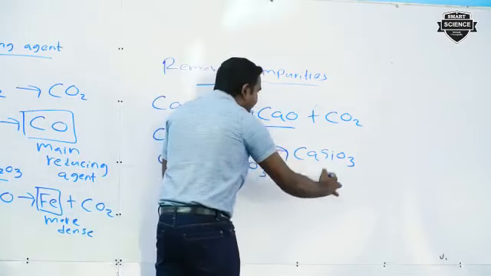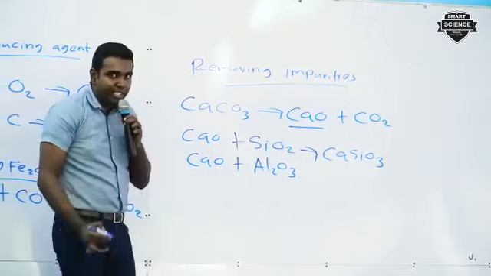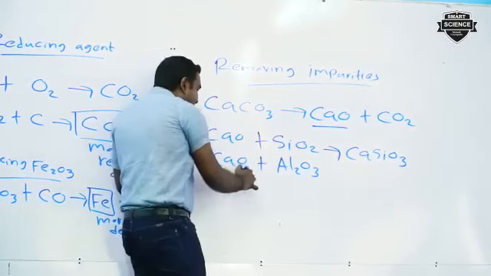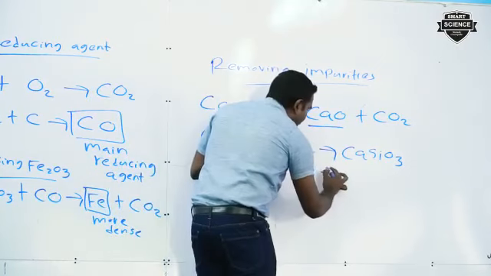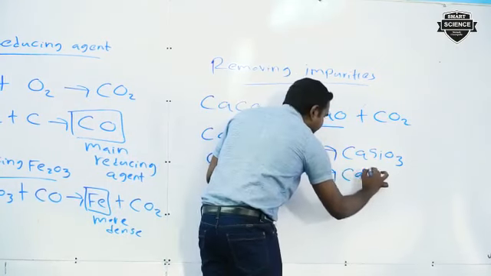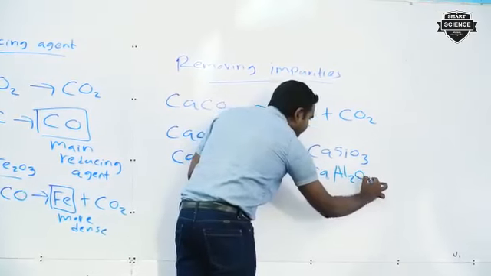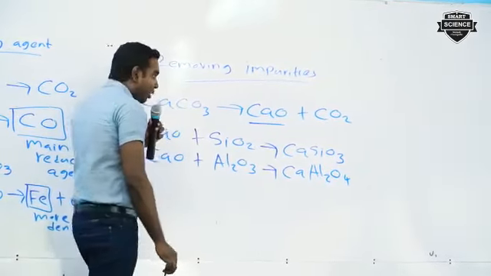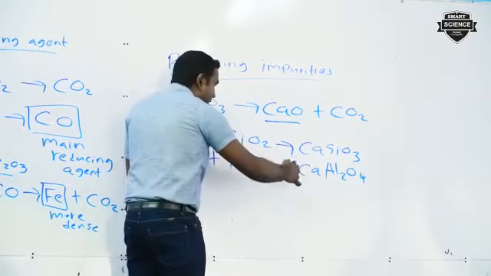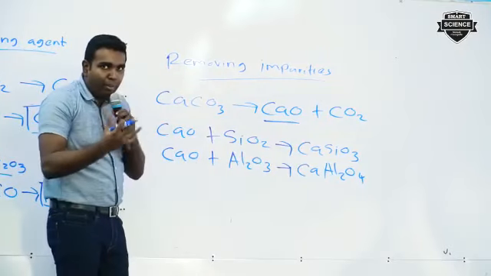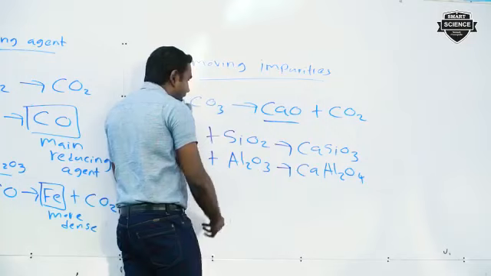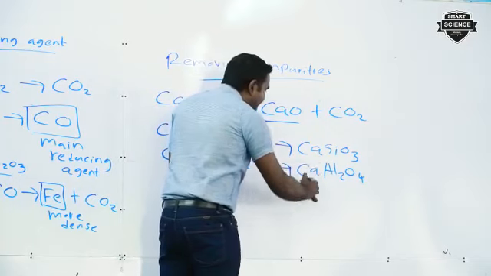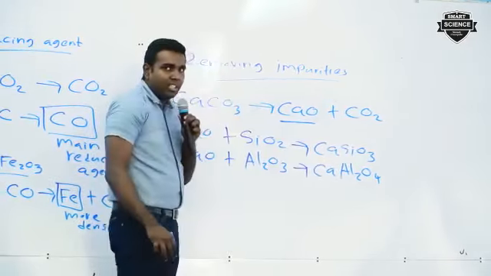Calcium oxide reacts with aluminium oxide and forms calcium aluminate. Here also you get only one product, calcium aluminate. To get its formula, just put all the atoms together.